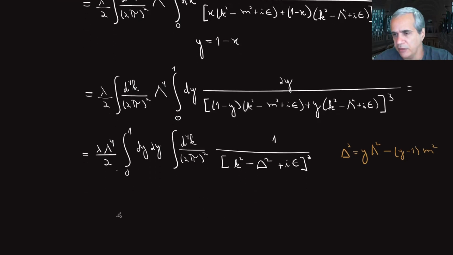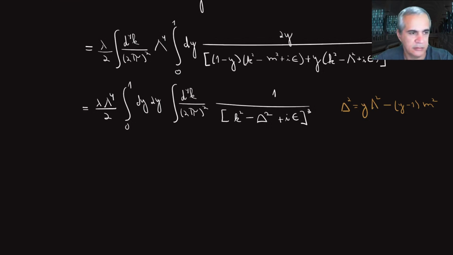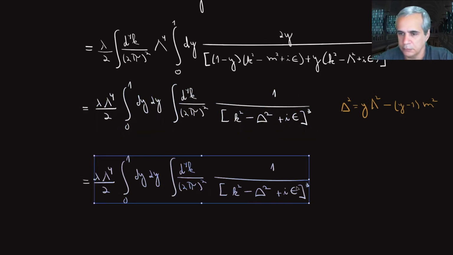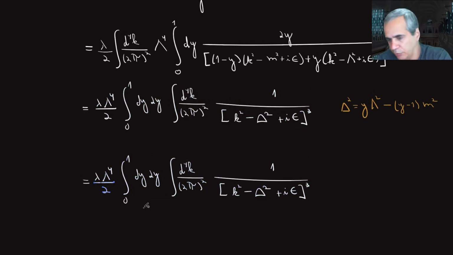Now I do the Wick rotation, and rewrite this as, take the 2 away. When I do the Wick rotation, I have an i coming from here. When this guy becomes Euclidean, there's an i. When this guy becomes Euclidean, there's a minus, which I take outside.